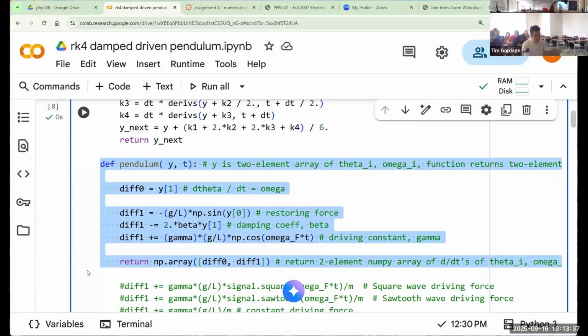The important point here is that when I pass y, which gets passed from the Euler function, this is going to be a 2-element vector.